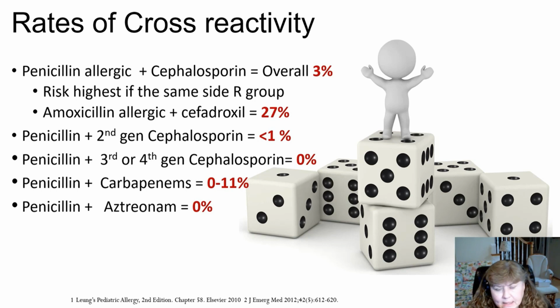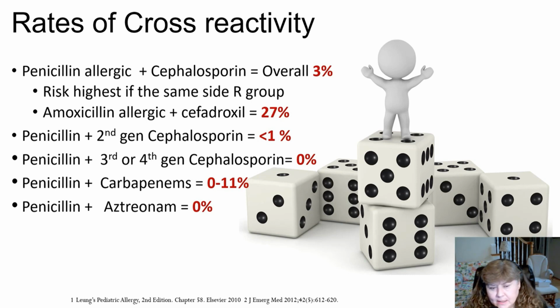So here are the rates of actual cross-reactivity. If you're penicillin allergic and you want to give a cephalosporin, the risk of having a reaction overall is 3%, but higher in those ones that share the same R group. If you're amoxicillin allergic and you use cefadroxil, then you have a 27% chance of reacting to that. If you're penicillin allergic and you use a second generation cephalosporin, less than a 1% chance of reacting to the cephalosporin.